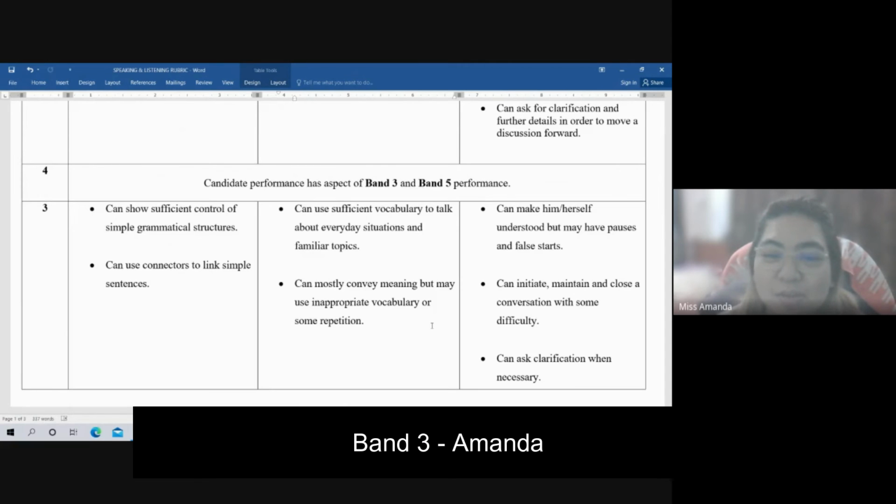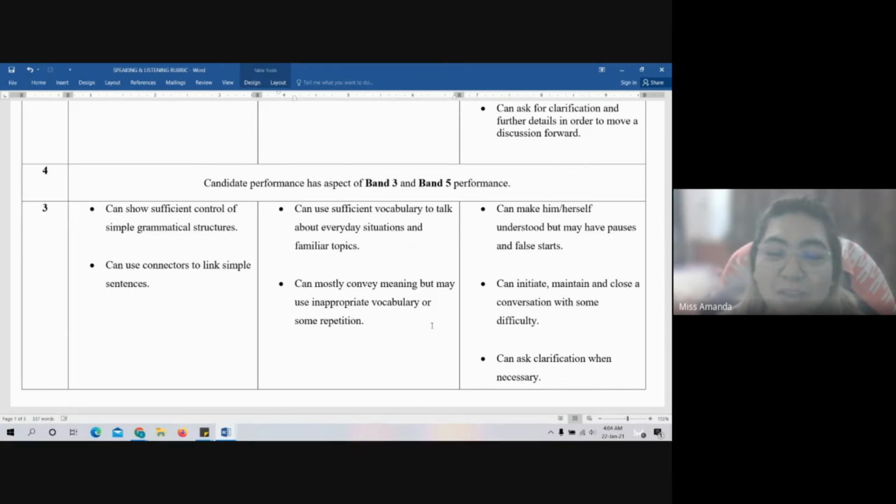For the students who got band 3, in grammar, they can show sufficient control of simple grammatical structures, as well as use connectors to link simple sentences. For vocabulary, they can use vocabulary to talk about everyday situations and familiar topics, and can mostly convey meaning but may use inappropriate vocabulary or some repetitions.